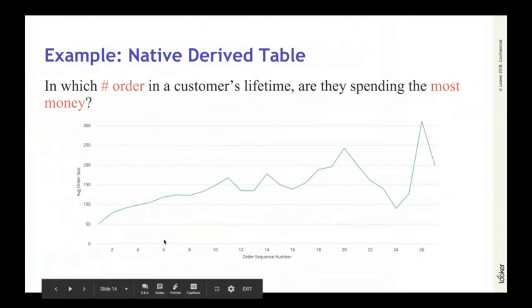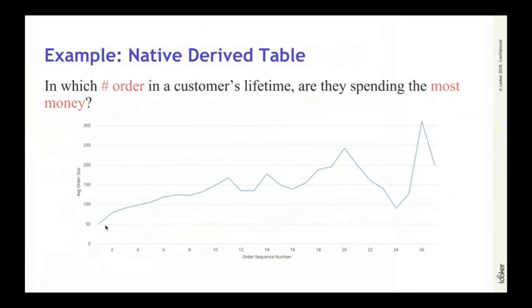Essentially, for my entire customer base, which number order are they spending the most money on? We don't want to look at the outliers all the way on the right, but if we look here, my company seems pretty successful because the average order size is increasing as people order more and more. So maybe this kind of information will help drive my marketing spend or my marketing tactics.